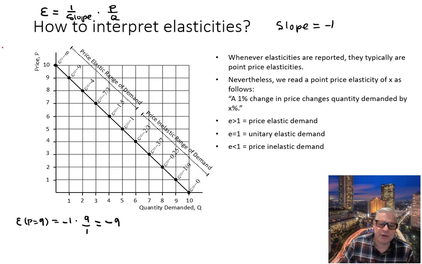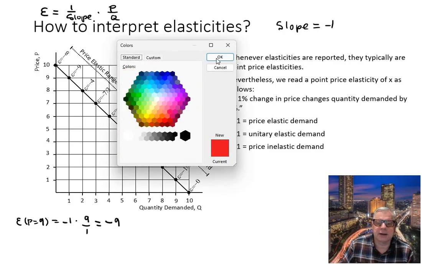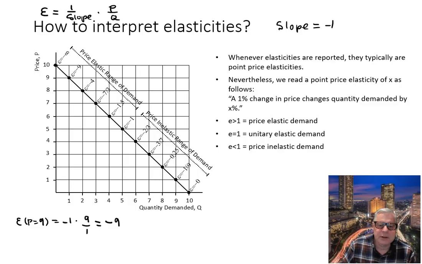Whenever the absolute value of the elasticity is greater than 1, then we call that elastic. So this part here, that's the elastic part of the demand function, because a relative change in the quantity demanded always outweighs a relative reduction in price.